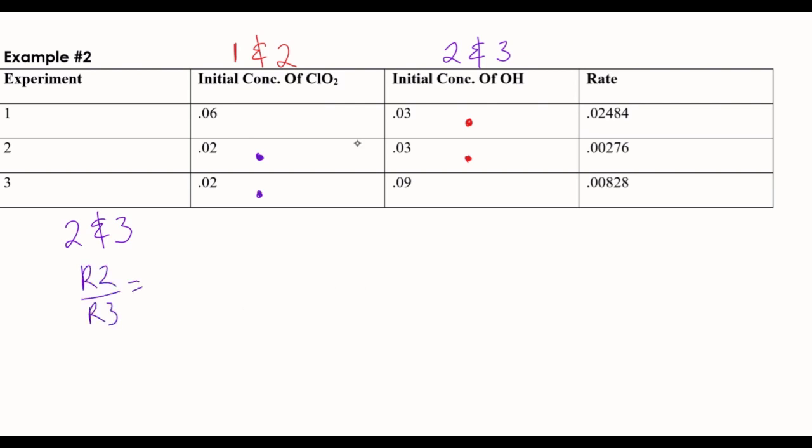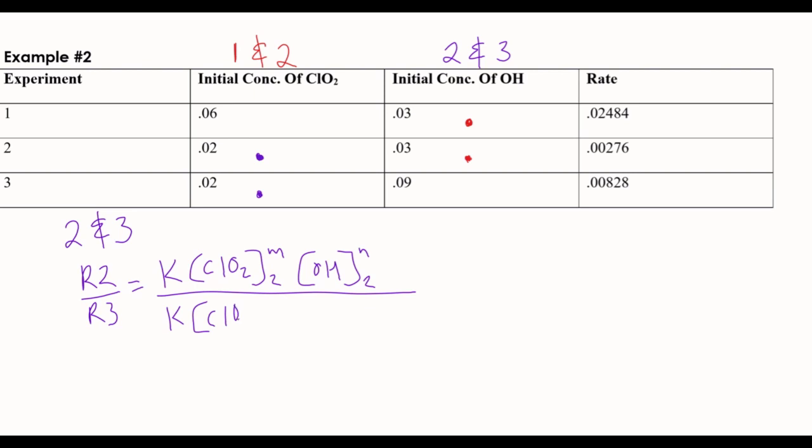So reaction 2 over reaction 3. So we're going to take the second ones and put them over the third ones. And now I'm going to plug in the numbers for reaction number 2.